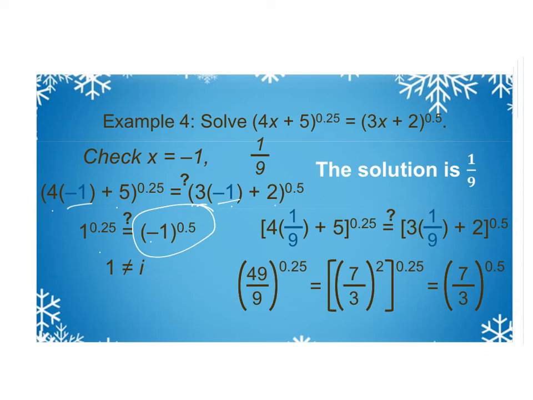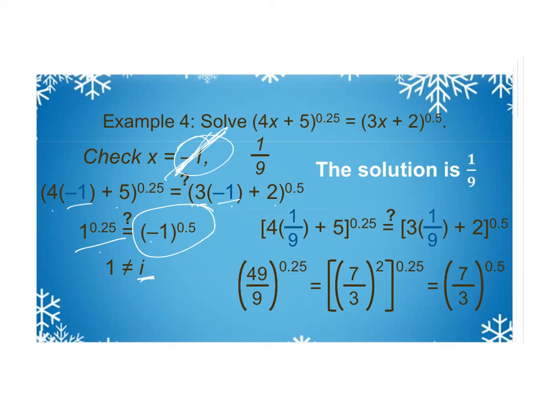So the square root of -1 is i. The 1 to the 0.25, 1 to the 1/4 is still 1. The 4th root of 1 is still 1. Those don't equal. So -1 is not a solution.